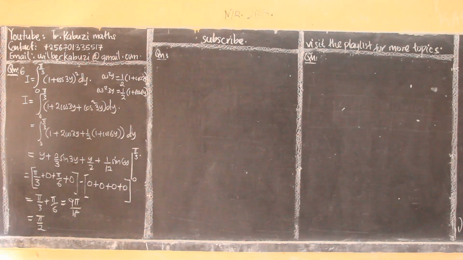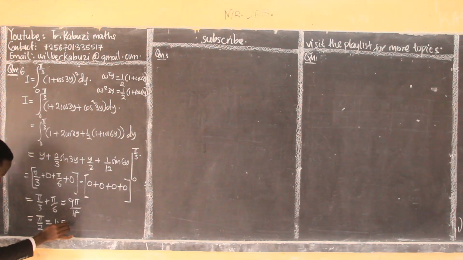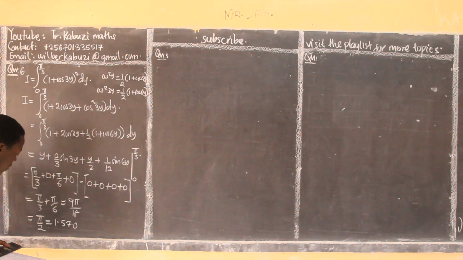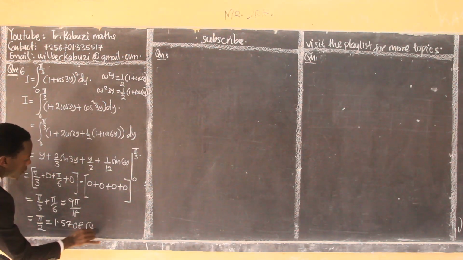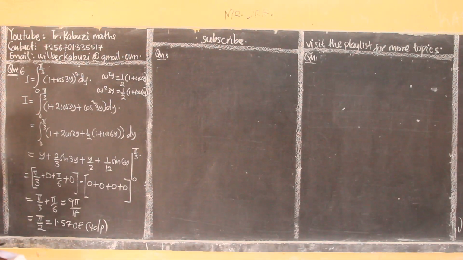If you want, you can give this to 2 decimal places on your calculator. My calculator should be in radians. So now I have pi, which is giving me 1.5708. This is 4 decimal places.